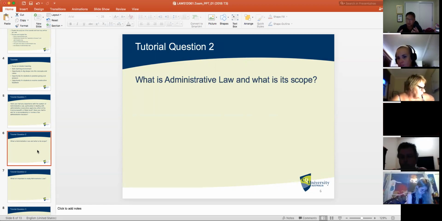So the use of the Freedom of Information Act is also a way by which administrative law can be appreciated in terms of its value, because the right of citizens to be given access to information held by government agencies is now in legislation.